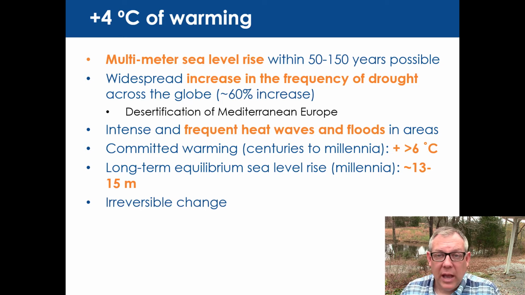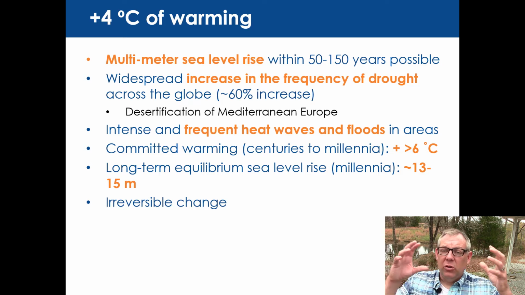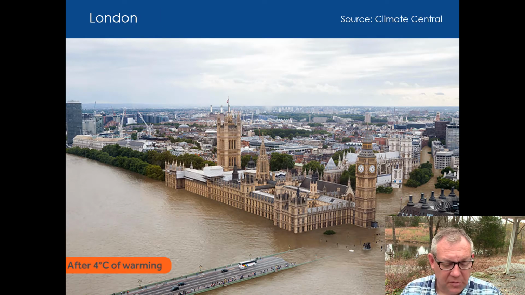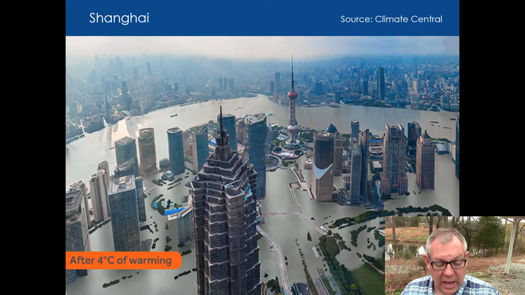But you're also looking at increase in the frequency of drought because of changes in patterns. You're seeing lots of irreversible changes where we establish a new equilibrium and we can't get back to where we started.